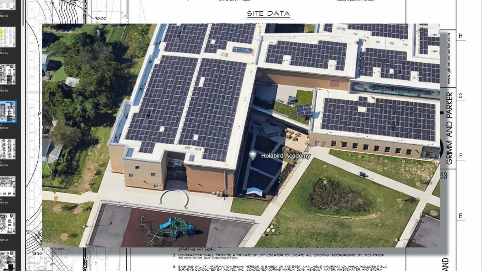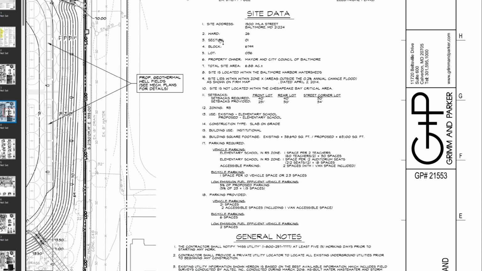So we're going to go through some of the notes on the site data. Obviously the address, some of these things, the blocks, the property owner, the amount of acres that it sits on. It shows the use of the existing building and the proposed use are both a school. The construction type is a slab on grade.